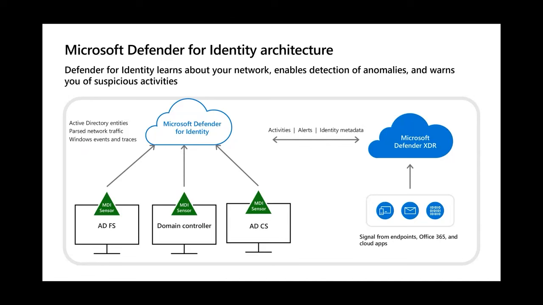We're analyzing network traffic as it comes into the domain controller, and then parsing that and firing those events up into the cloud service, where we have our brain, so to speak, which is profiling the activities that are happening, and then firing any alerts or interesting artifacts around that telemetry.